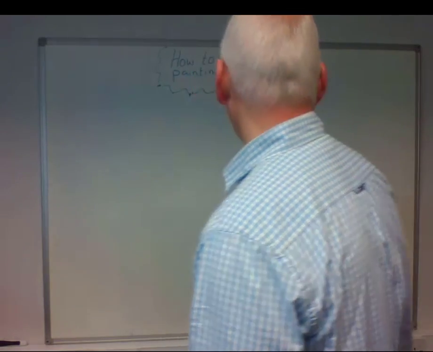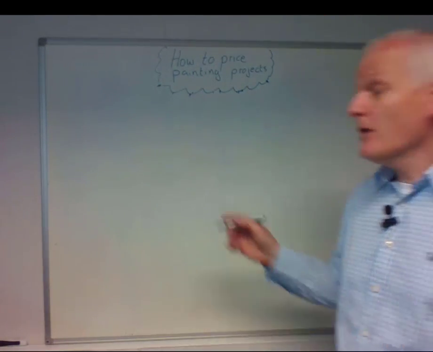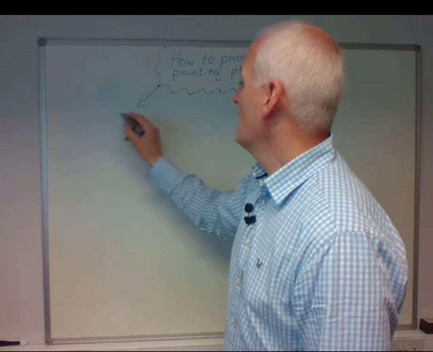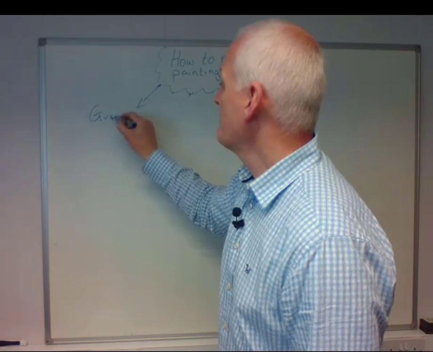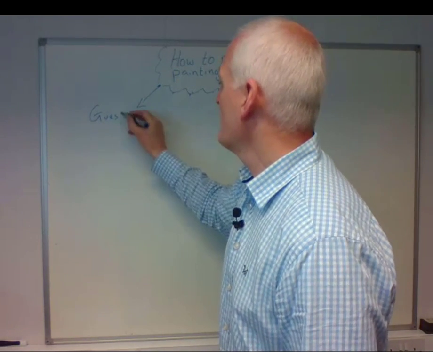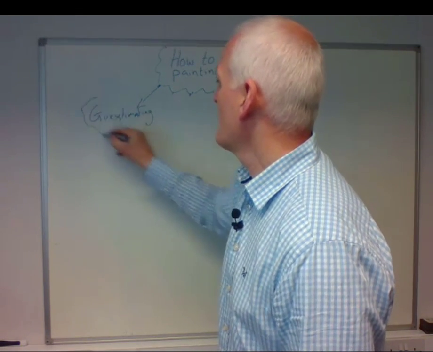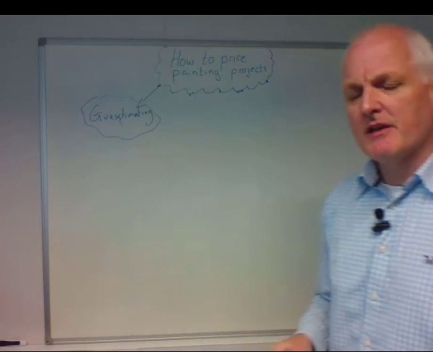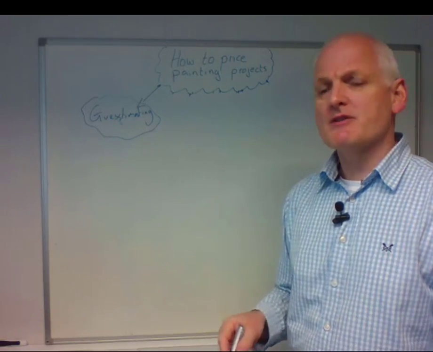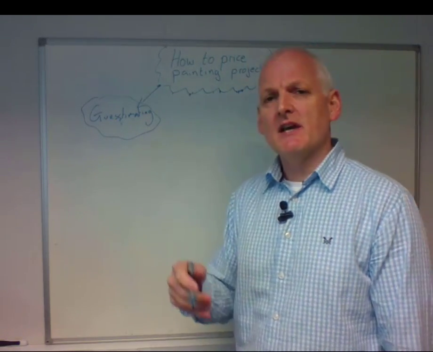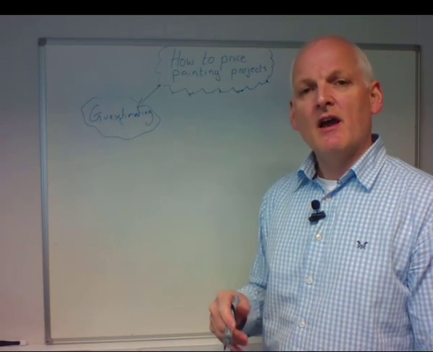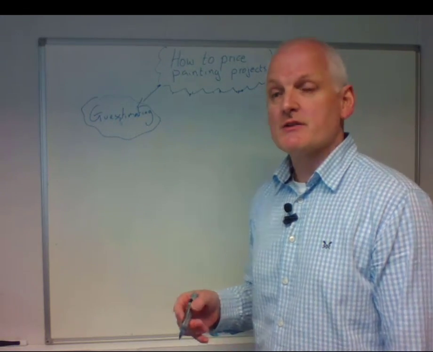There are basically two methods. One of those methods is I'm going to call guesstimating. It's a little bit more than that because the painter is using all his experience and knowledge to estimate how many days it's going to take to complete the project and what materials he requires.